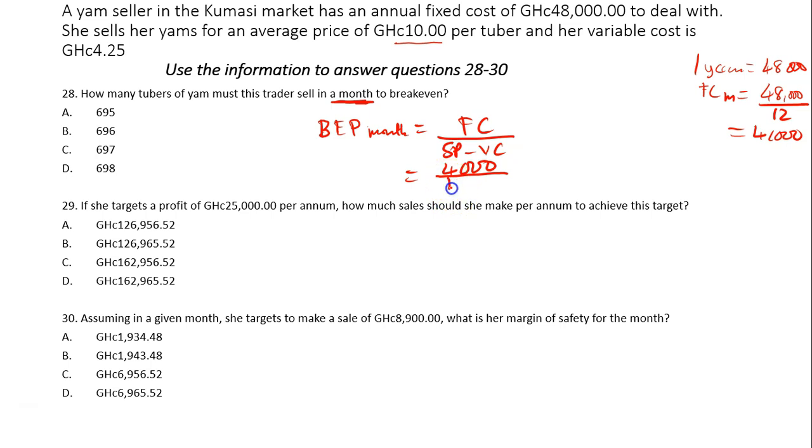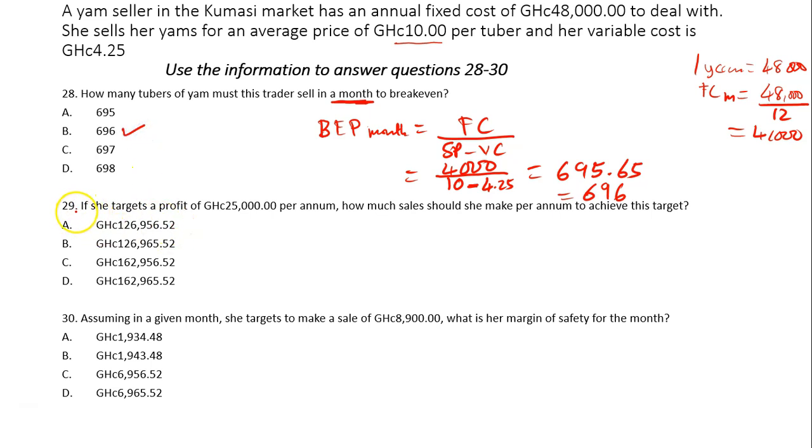The selling price is 10, isn't it? Minus, and the variable cost is 4.25. So 4,000 divided by 10 minus 4.25 will give you 695.65. So 695.65 to the nearest whole number should be 696. So the correct answer is B.